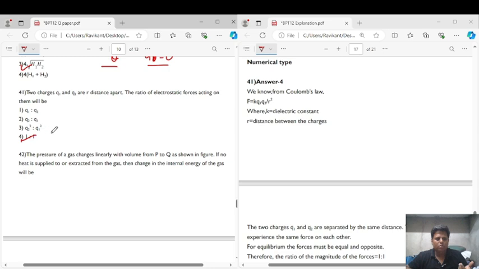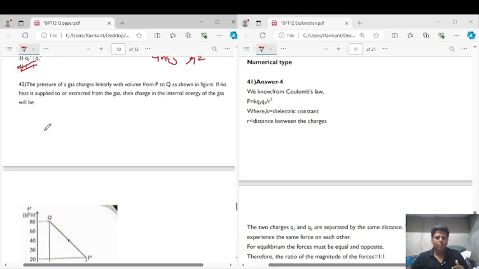Because according to Coulomb's law, the force on two charges kept at a separation r is given by F is equals to 1 by 4 pi epsilon naught Q1 Q2 upon r square, and they are equal and opposite on both the charges. So they are equal in magnitude, so the ratio will be equals to 1 is to 1. So the correct answer for question number 41 is option 1, option 4.